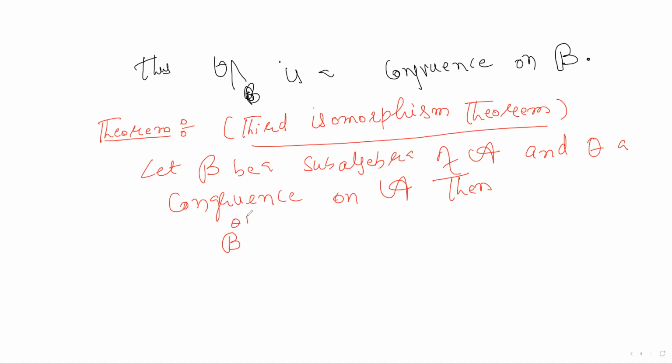So B theta, with theta restricted on B theta, is isomorphic to algebra B with theta restricted on B. So these two algebras, they are isomorphic.